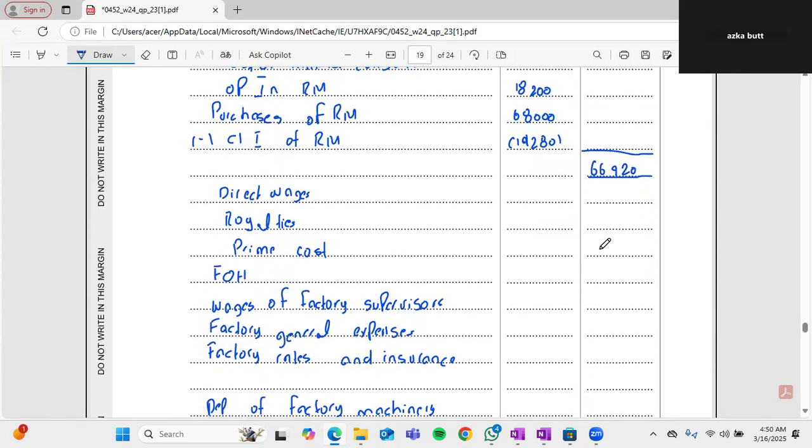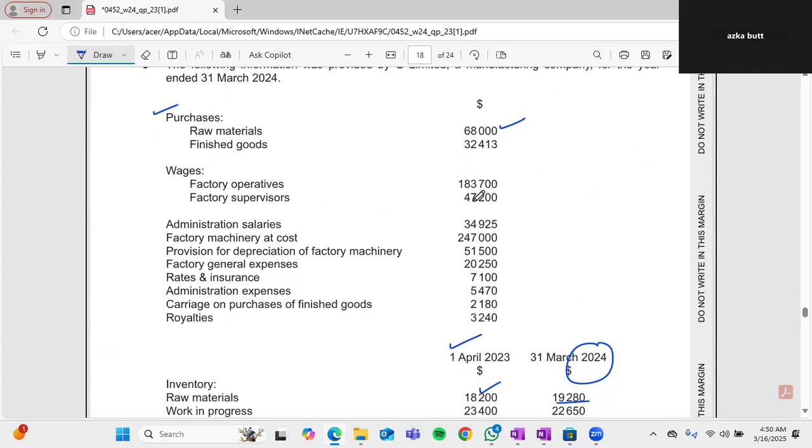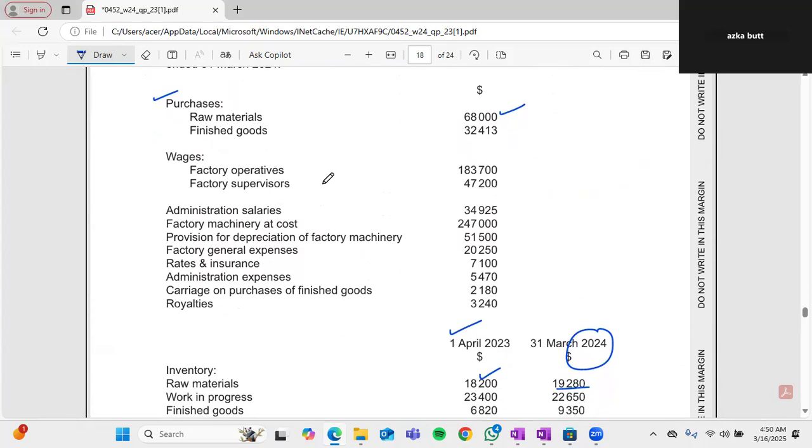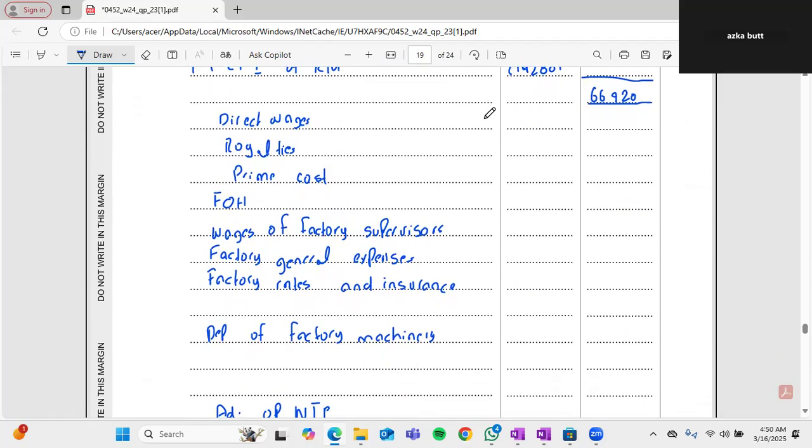Now let's see the direct wages. As you can see, in the direct wages, we have the wages for the factory operatives, which is $183,700.